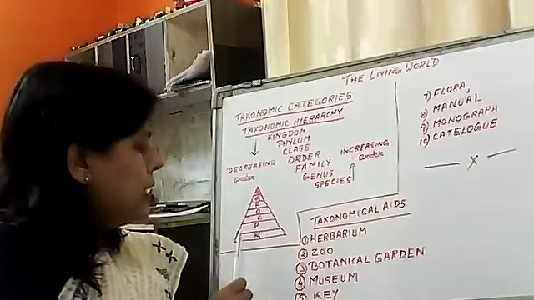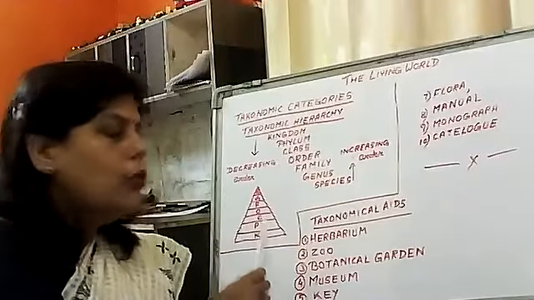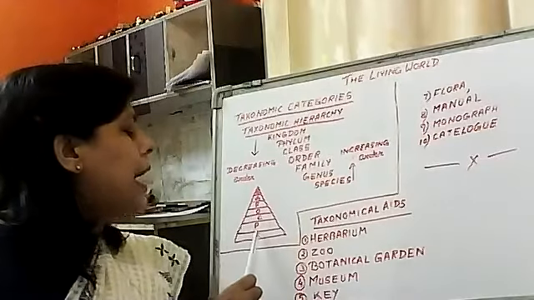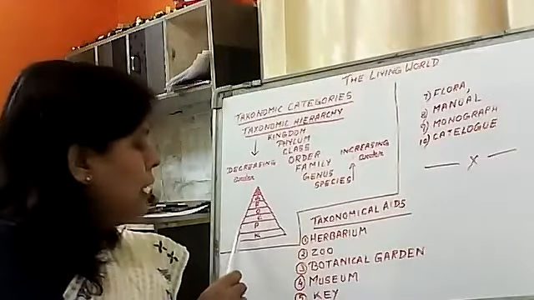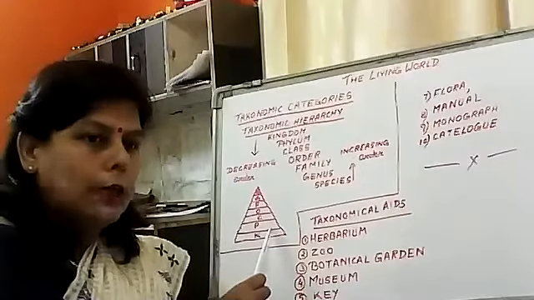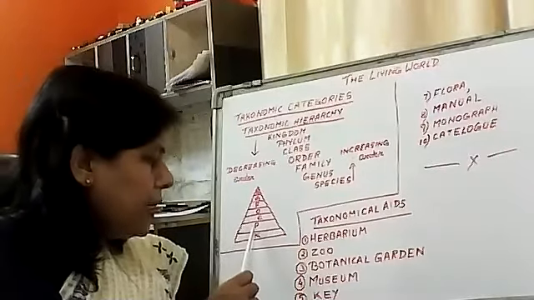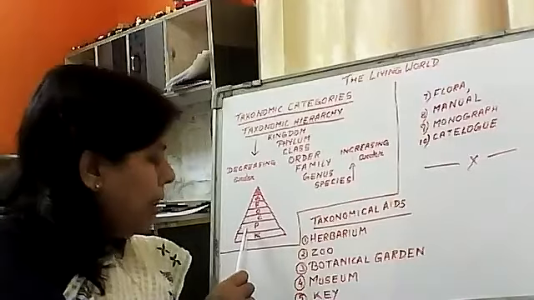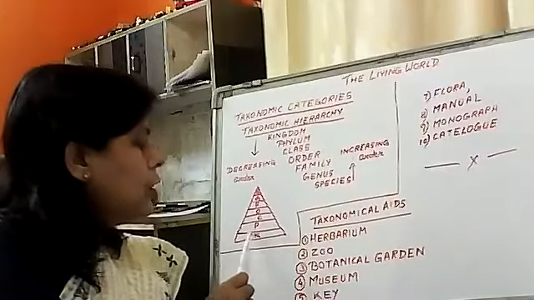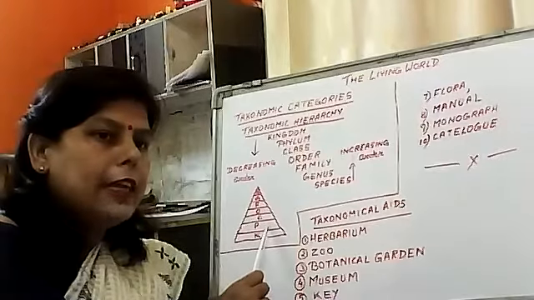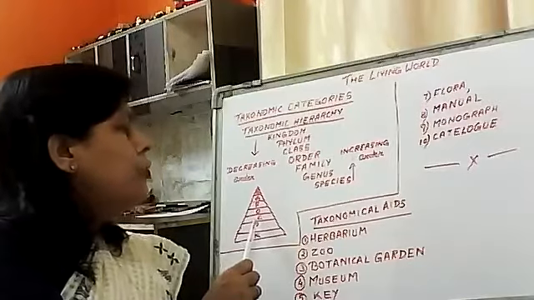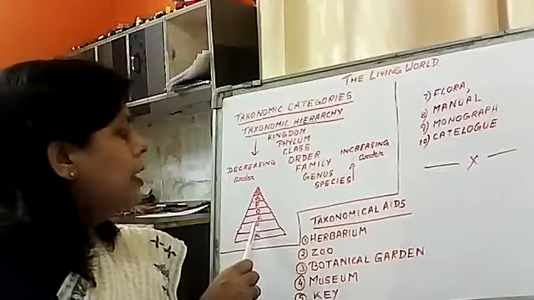As a result, that huge group was divided into smaller groups which are termed the phylum. So now it's becoming a little bit smaller. Then again, within a particular phylum there are dissimilarities among the organisms, so they were further divided into smaller groups which are termed the class.